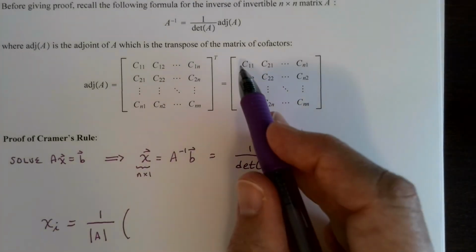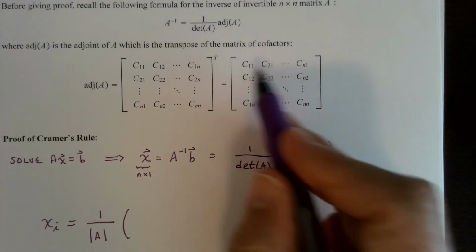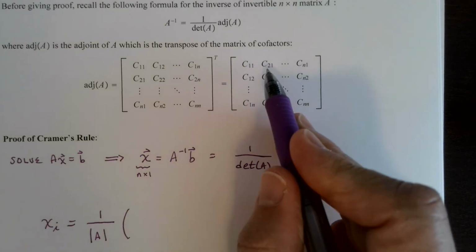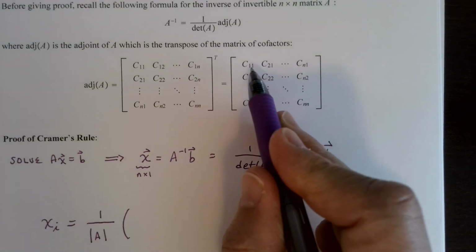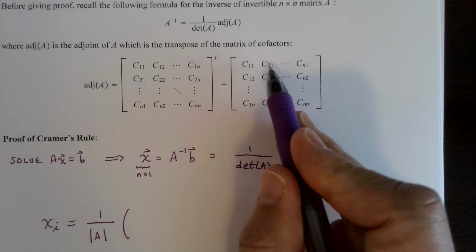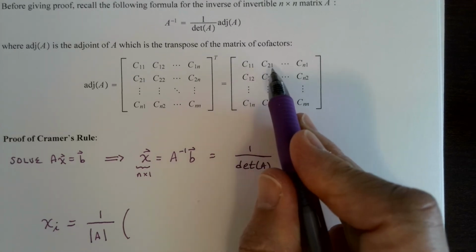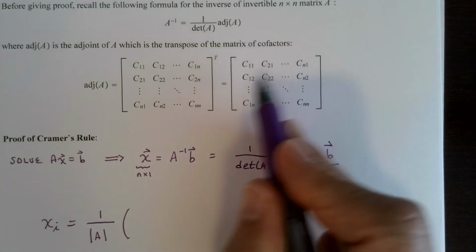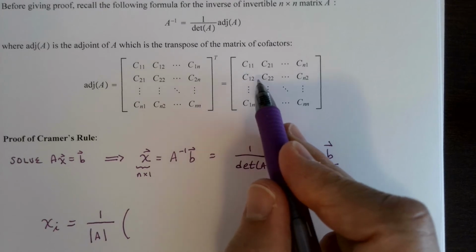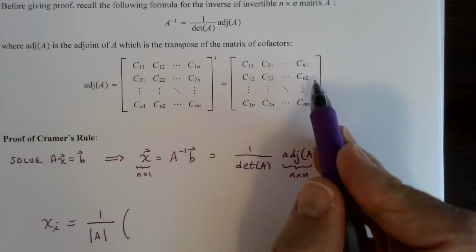Notice here's the adjoint of A. The first row is C11, C21 to Cn1. You might say, wait a minute, 2,1, that's second row, first column normally, but why is that? Because remember, we took the transpose over here. So it's the cofactor C21. So that's the first row. Second row is C12, C22, all the way to Cn2.